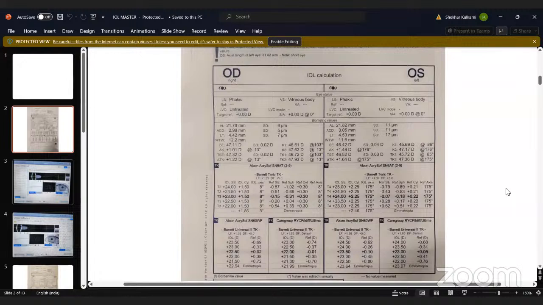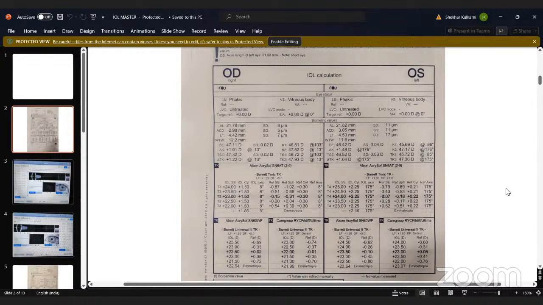If it's phakic, we get a phakic measurement, or if pseudophakic, we get a different measurement. VS is the vitreous body. We can select the vitreous body as normal if the patient has a phakic eye. We can also change it to silicone filled eye or post vitrectomy eyes.